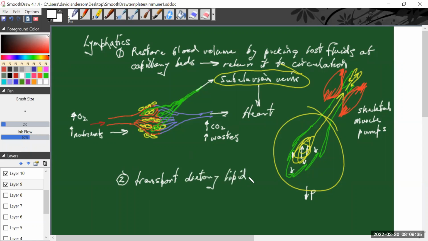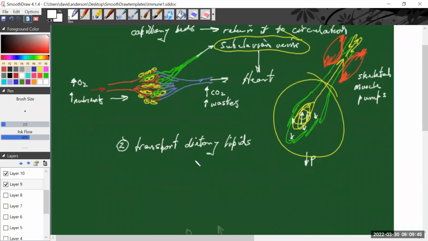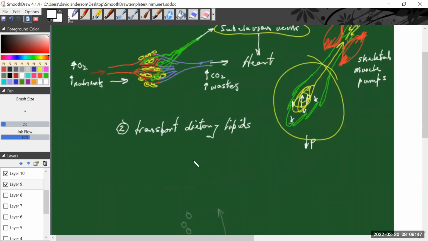Remember in portfolio number 1, you talked about some dietary lipids, lipids that are required for our diet. We have a couple of essential fatty acids. We can't synthesize essential fatty acids, so we need to get them from our diet. That's one of the reasons we eat fat. So when they're absorbed across the digestive system, which is a system we're going to start to talk about next week, one way that they're transported is by these lymphatics.